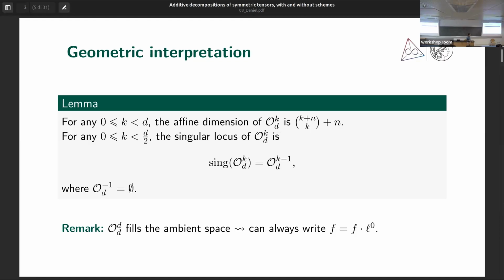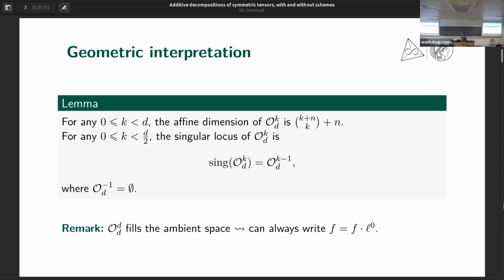And this is a very stupid observation: O_D is really the ambient space. You can always write any polynomial as L to the 0 times the polynomial. This looks stupid, but that will play a role in a second. This is just a trivial way to say that for GADs, those decompositions, there are infinitely many of them, and it's very easy to come up with some decompositions.